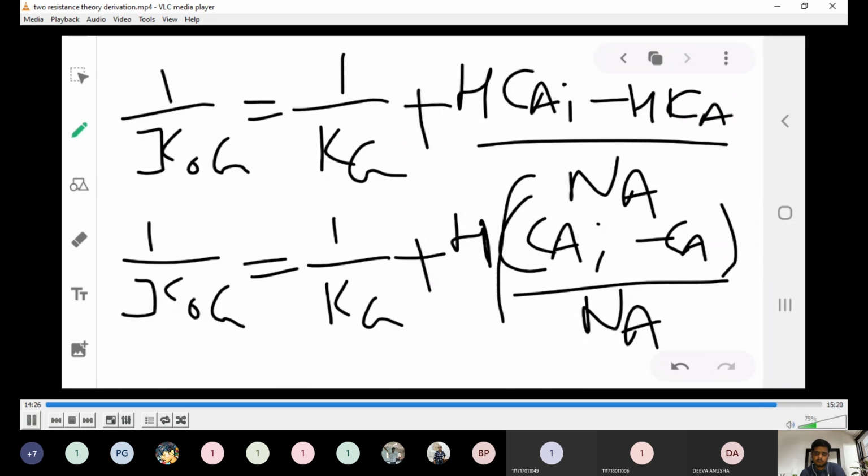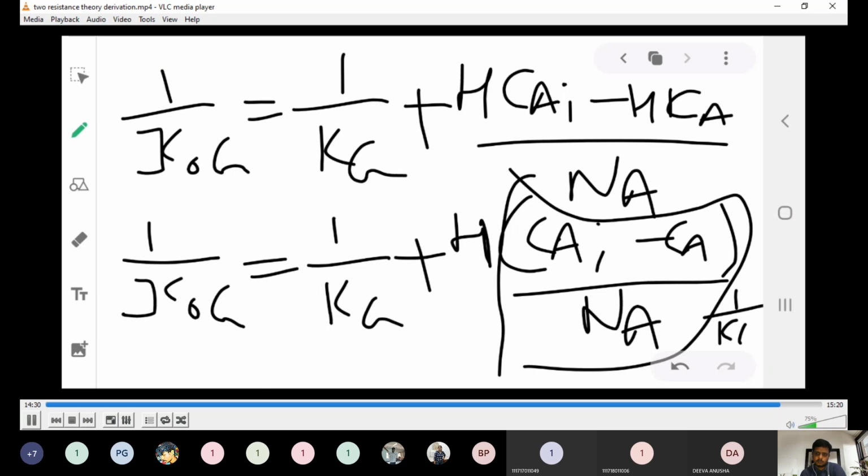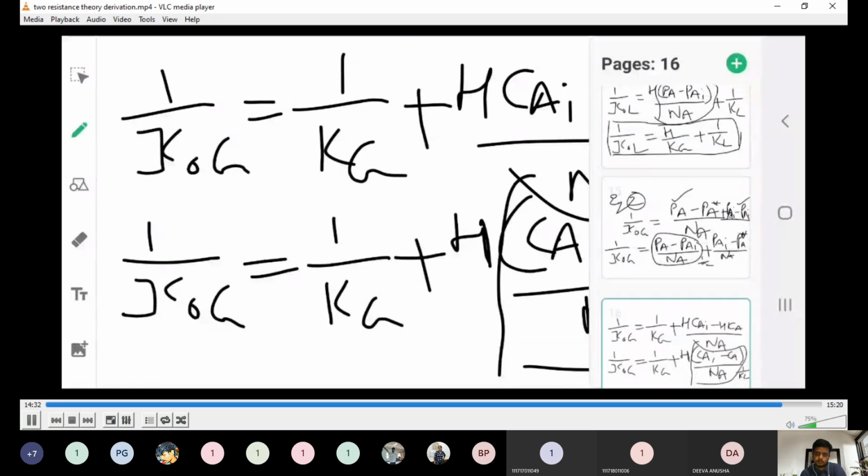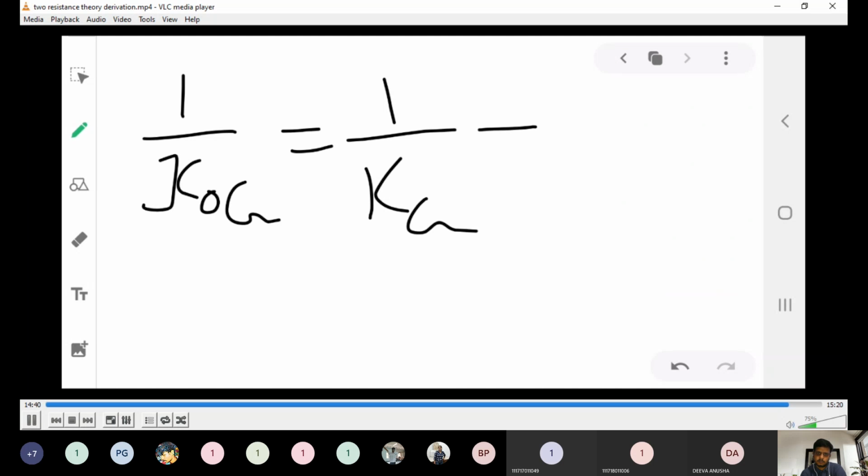So now we can write 1 by KOG is equal to 1 by kg plus H by KL.